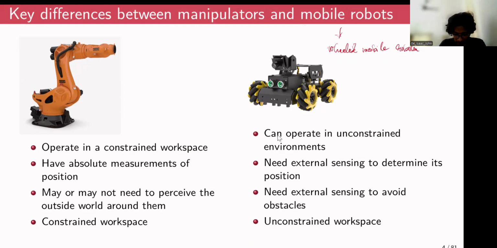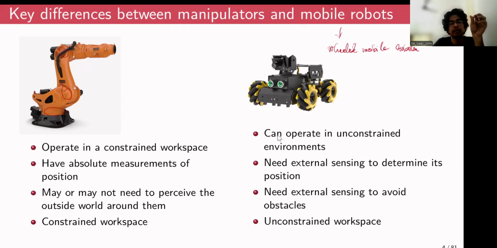And then another thing is how they measure the positions of each and every point within the system itself. In case of a robotic manipulator, it's not that difficult to estimate the position of each and every point of that robot, because a robotic manipulator has actuated joints, and each of these joints has an encoder built in.